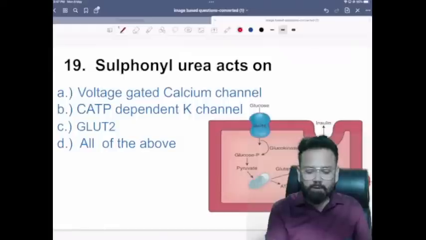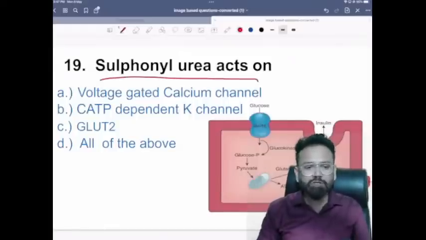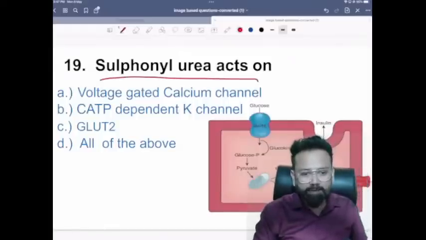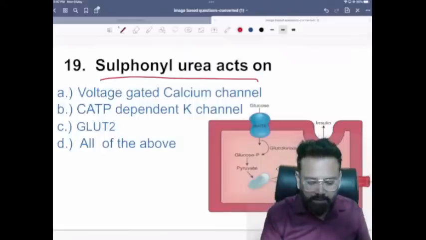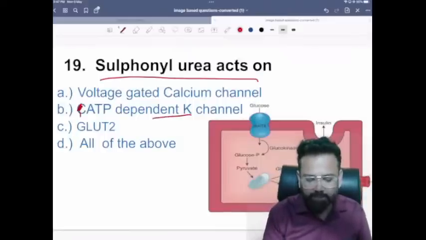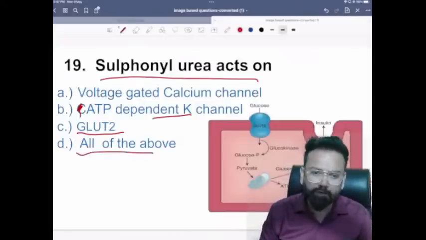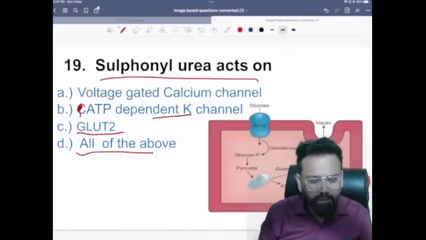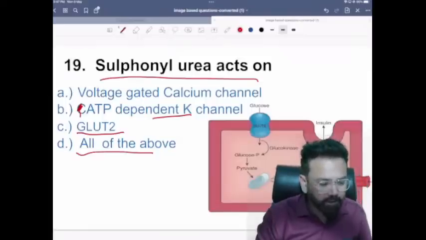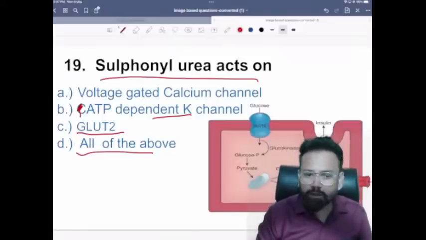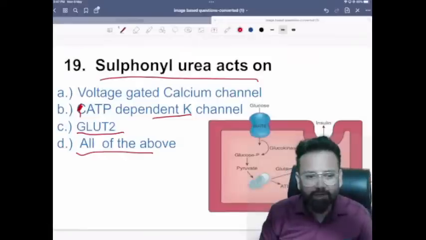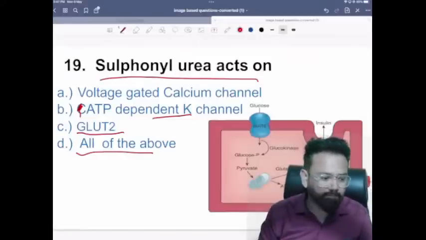Sulfonylurea acts on which channel? Voltage gated calcium channel, ATP dependent potassium channel, GLUT2, or all of the above? Sulfonylurea drugs like glimepiride, gliclazide, glibenclamide, all these act on which channel?